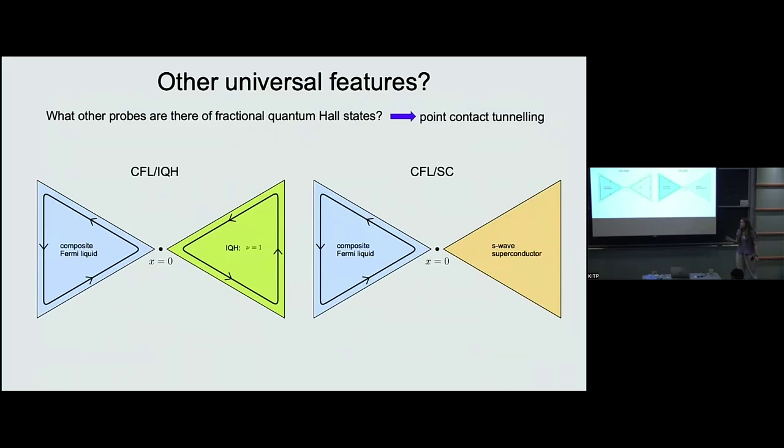Here I have a composite Fermi liquid integer quantum Hall interface, and here I'm showing a composite Fermi liquid superconductor interface. The superconductor interface is what I'm emphasizing with this new platform, because obviously it's a lot easier to have a superconductor coexist with a composite Fermi liquid when the existence of this composite Fermi liquid is not predicated on applying a very strong magnetic field.